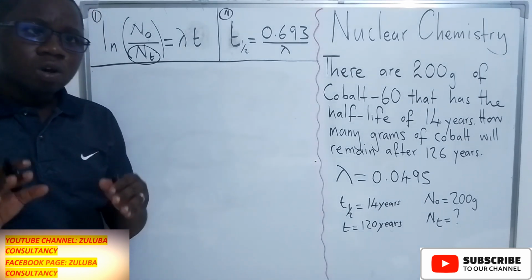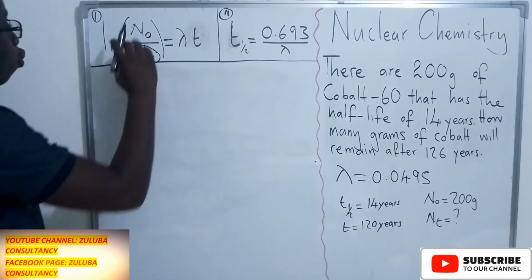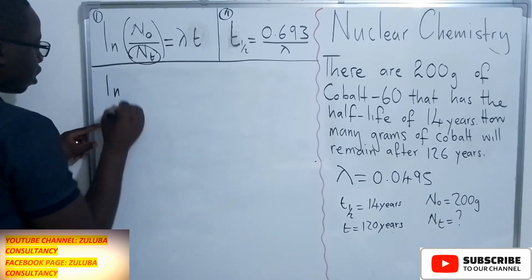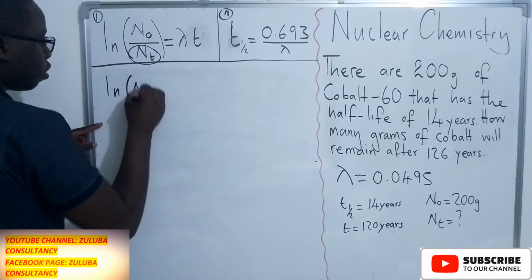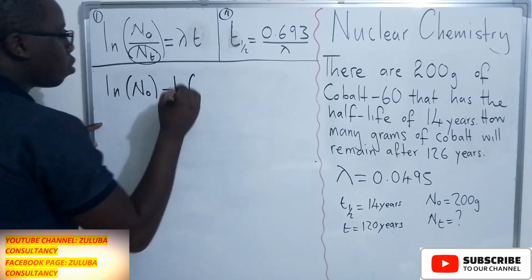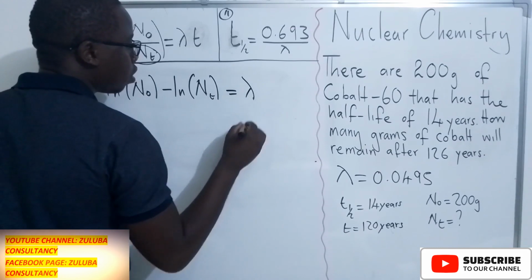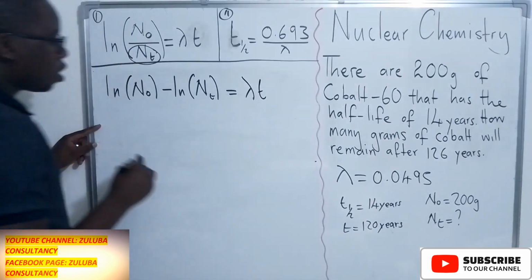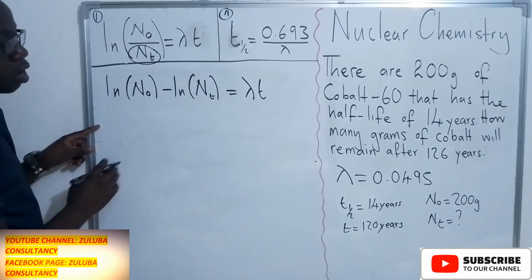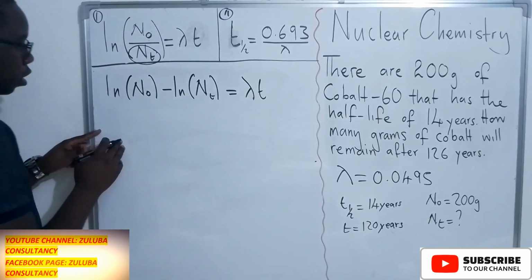According to the rule of natural logs, a division is the same as the natural log of the initial mass minus the natural log of the mass at a given time, which is equal to the rate constant multiplied by time. So we have expanded this equation. Now we can put in the values in this equation.